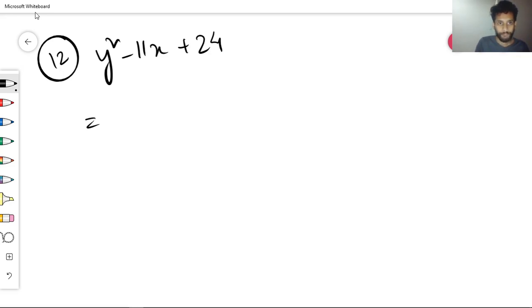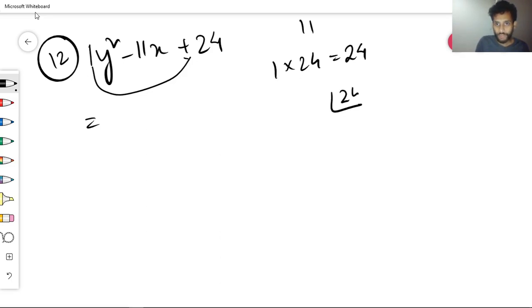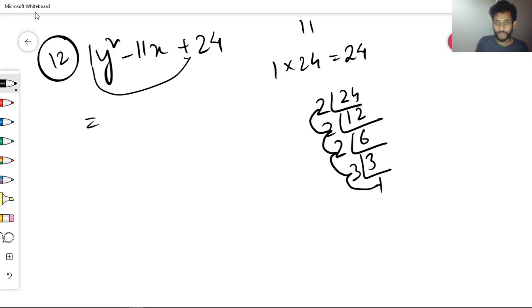First we will multiply this one with this one. So 1 into 24 is 24, and we have to keep in mind this 11. Now when we find the prime factorization of 24, we have 2, 2, 2, 3 and 1.